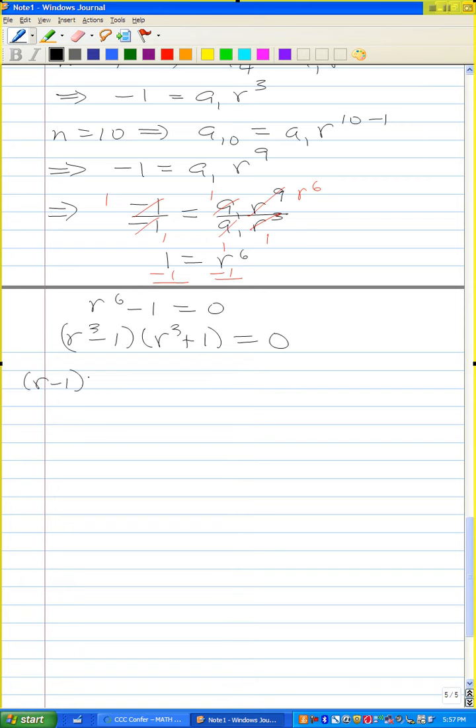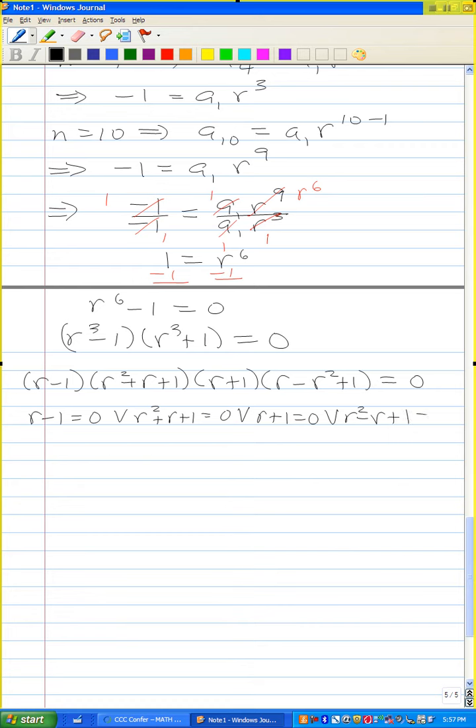R minus 1, r squared plus r plus 1, r plus 1, r squared minus r plus 1 is 0. Therefore, r minus 1 is 0. Set each factor to 0. Use the zero factor property. R squared plus r plus 1 is 0. R plus 1 is 0. Or finally, r squared minus r plus 1 is 0.